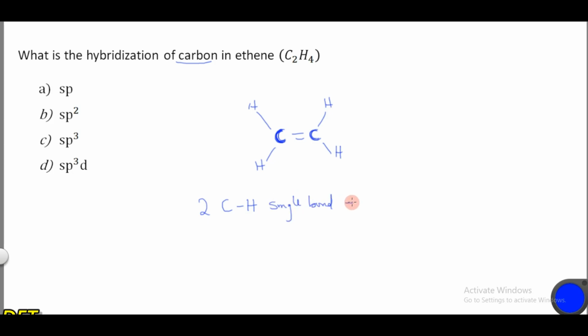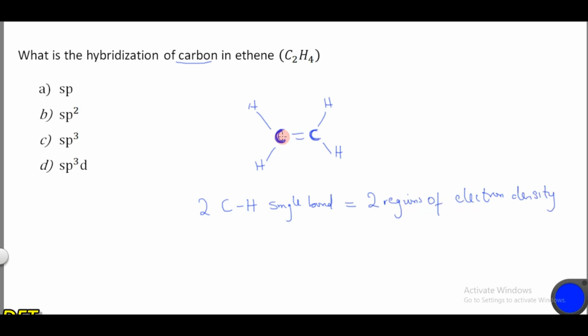That is equivalent to two regions of electron density.